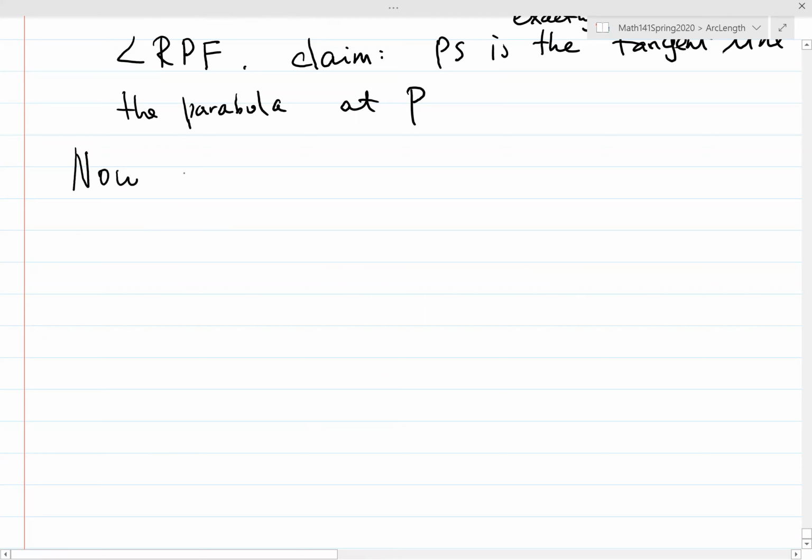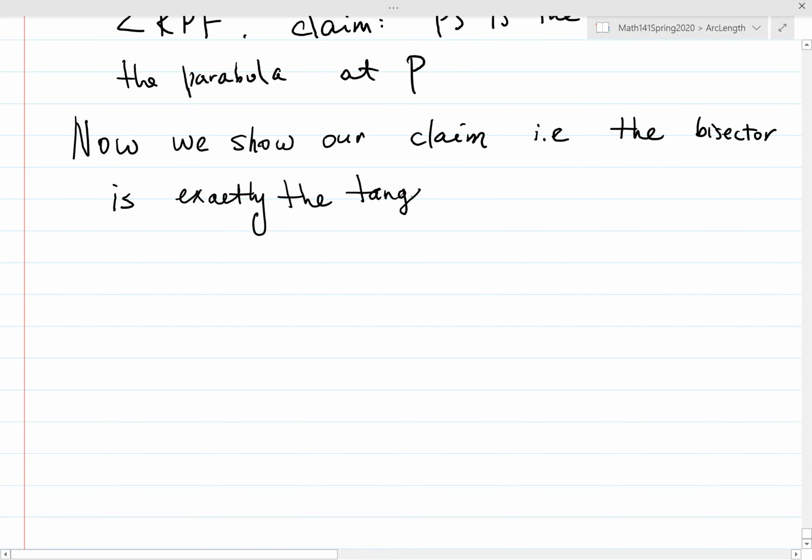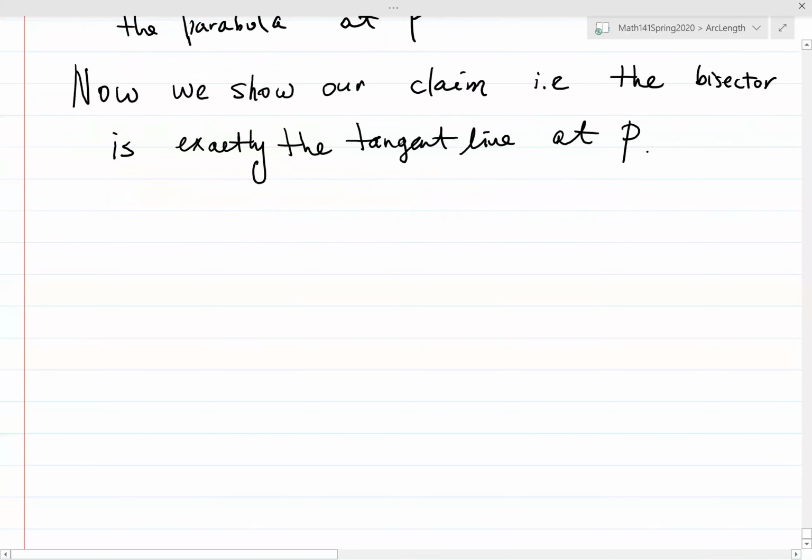Next step. Now we show our claim, i.e. the bisector is exactly the tangent line at P. Assume not.